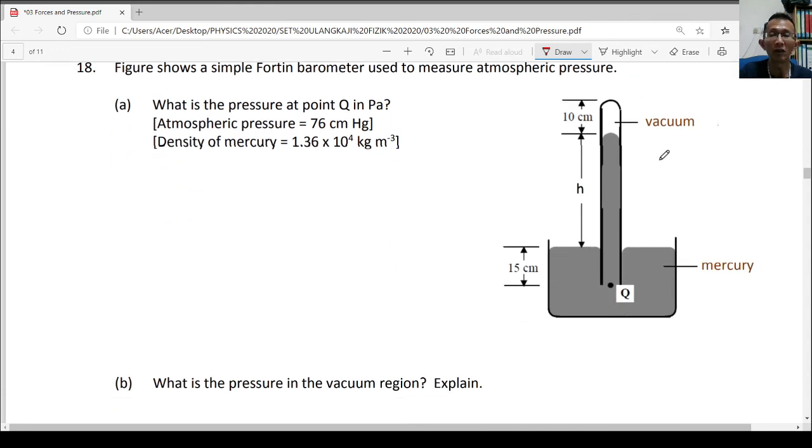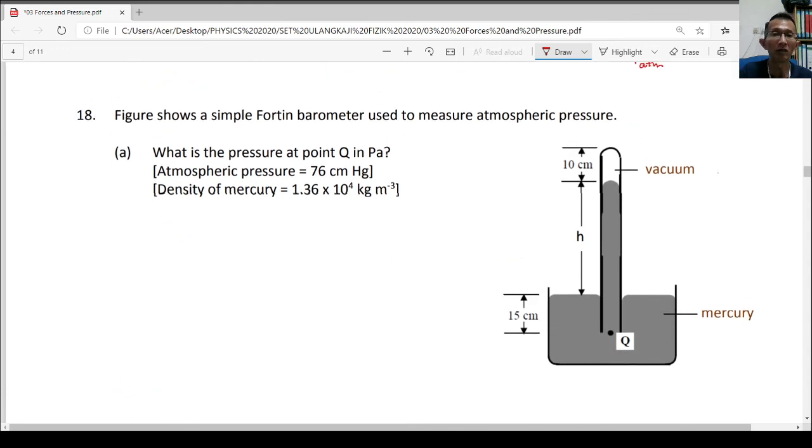So I have a figure that shows a simple barometer used to measure atmospheric pressure. Remember, if you see the word barometer, it is used to measure the atmospheric pressure. The question asks what is the pressure at point Q in Pascal.